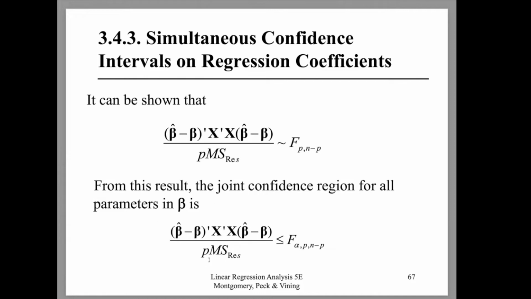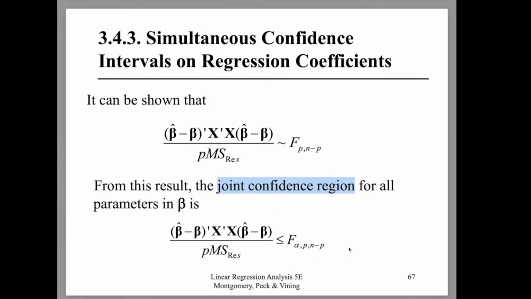So all points in the parameter space that satisfy this inequality belong to a joint confidence region that has a coverage probability of 1 minus alpha, and the confidence level would be 1 minus alpha times 100%.